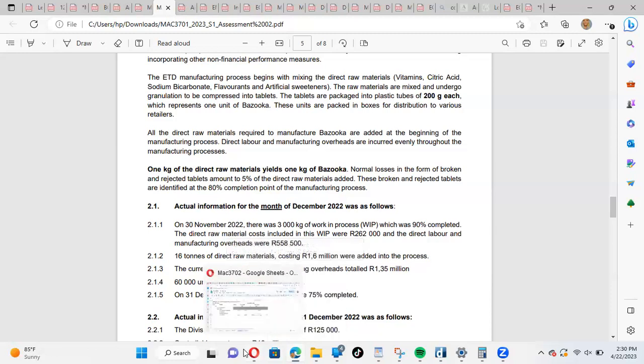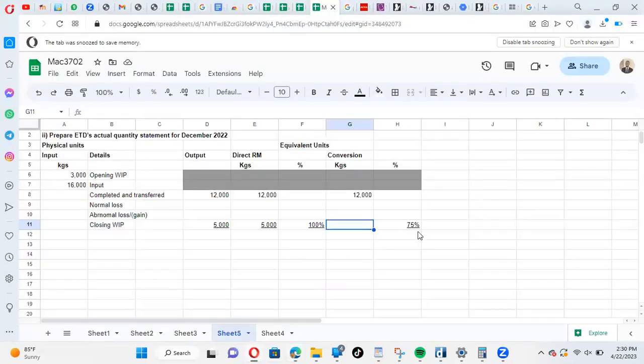All right, so let's see now what we do. In terms of equivalent units, it's going to be 75% times 5,000 there. So 5,000 times 0.75. That's where those amounts are going to be coming from. So we've multiplied that and that, and we are good with that.